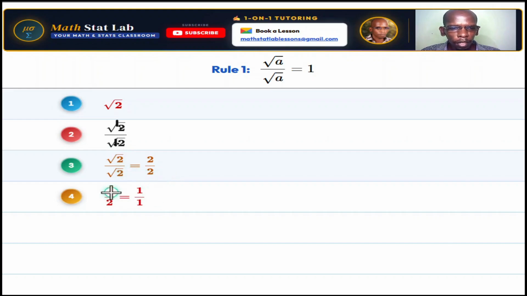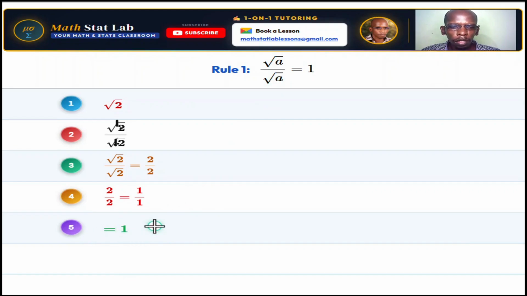If you take a number and divide it by itself, the answer is always 1. So 2 divided by 2 is 1. If you take a surd and divide it by itself, the answer will always be equal to 1.